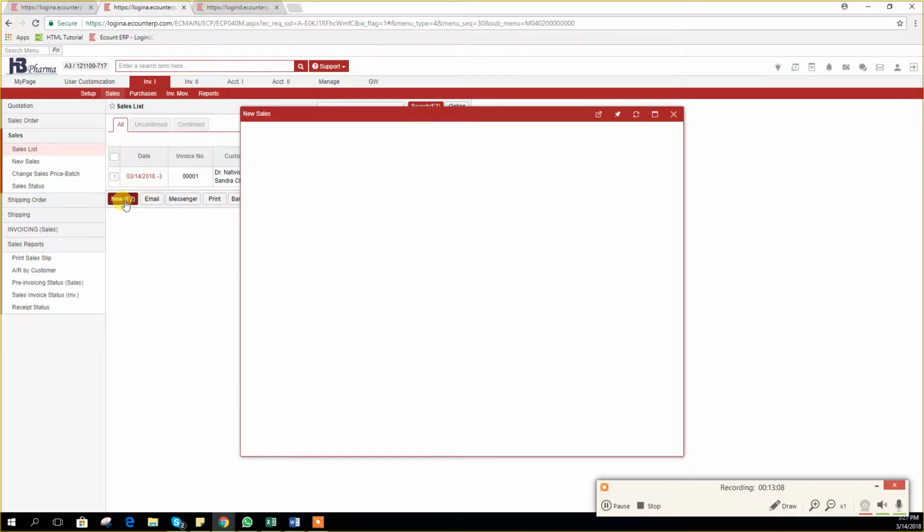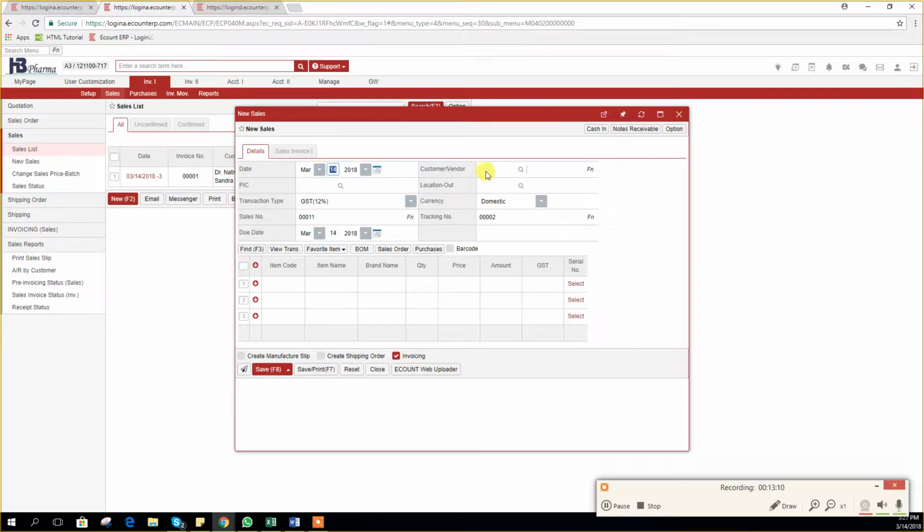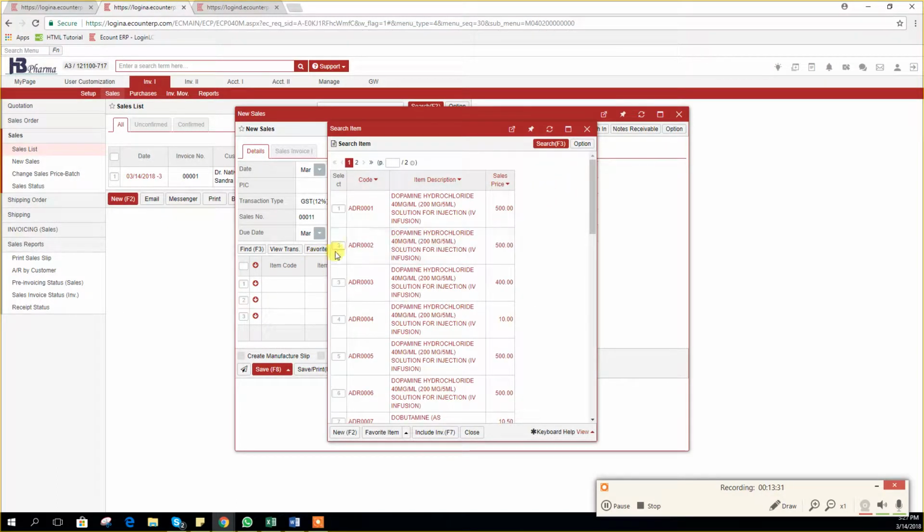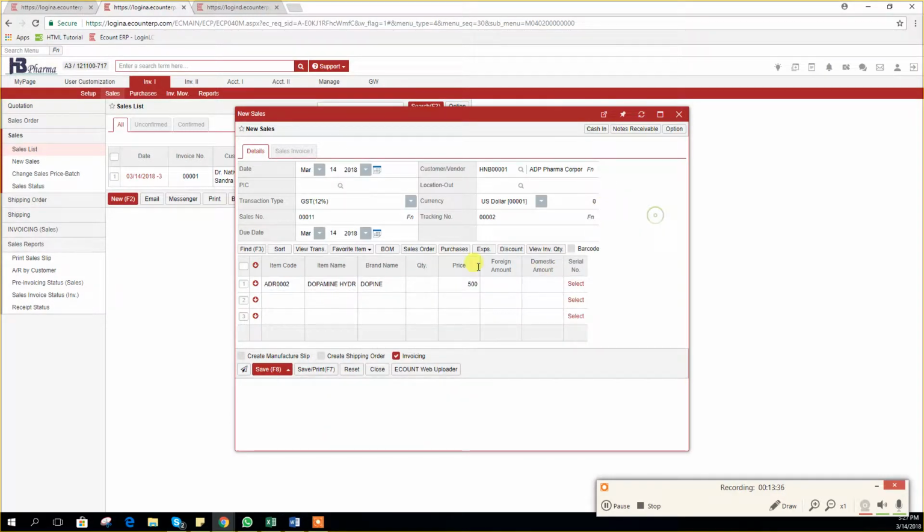So I am going to select the customer as ADP Pharma, and then I am going to sell some item. What am I selling? I am selling your dopamine, I guess. So your dopamine with the quantity of 1.